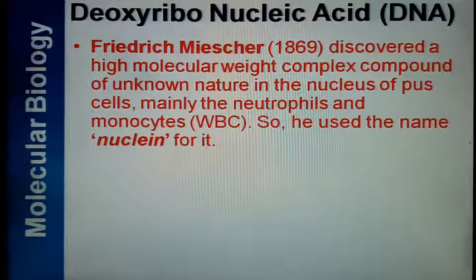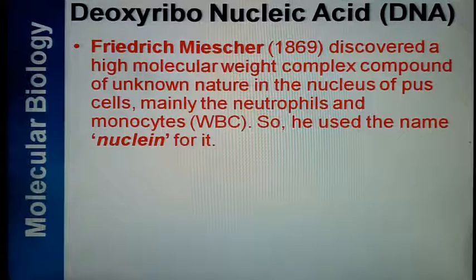Frederick Miescher found the presence of a complex molecule with very high molecular weight in the nucleus of pus cells, that is the WBC, and because of its unknown nature, he gave it the name nuclein.